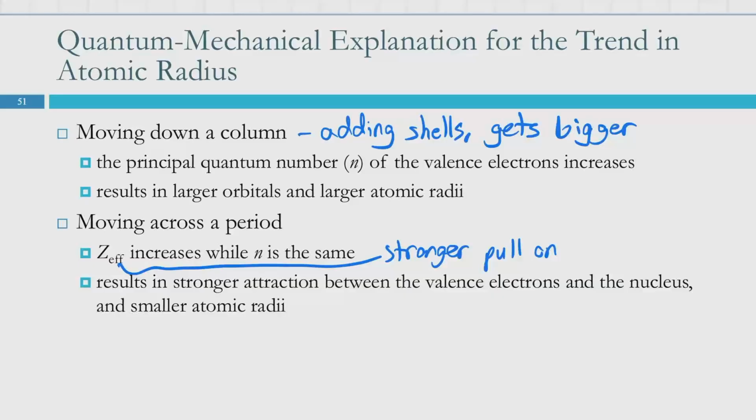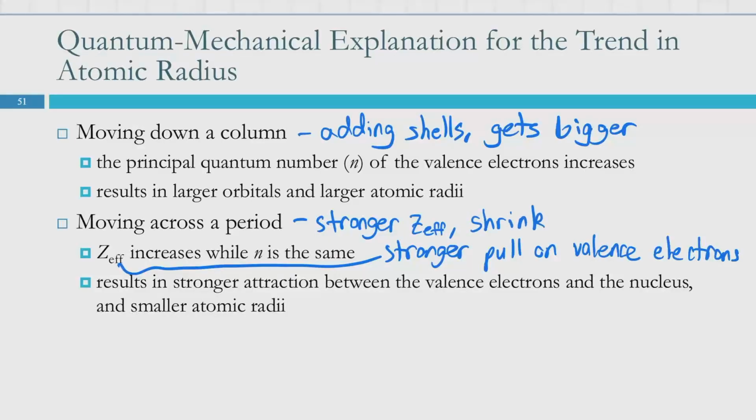This results in a stronger pull on valence electrons. So the outermost shell of electrons, as you're moving across the periodic table, the pull is increasing, and so it's shrinking in size as you move across the periodic table. So it's shrinking left to right. It's getting smaller left to right on the periodic table.